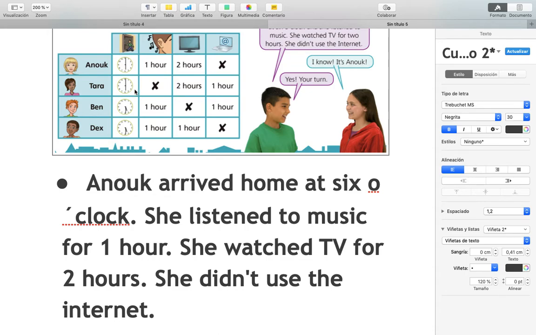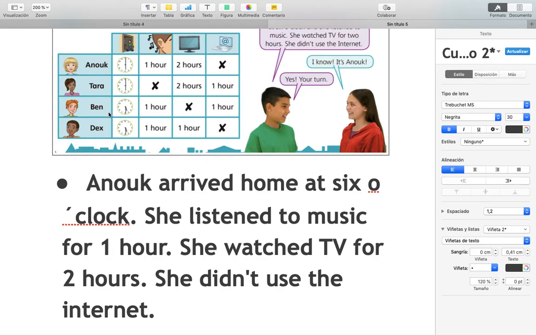Tara didn't, ahí ponemos ya el didn't listen to music. Next one. Tara watched TV for 2 hours. And Tara or she, you can write both things. She used the internet for 1 hour.